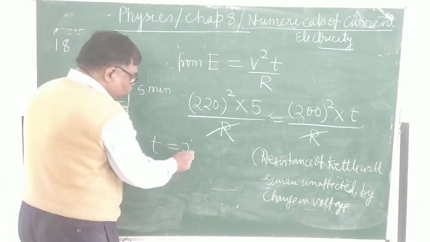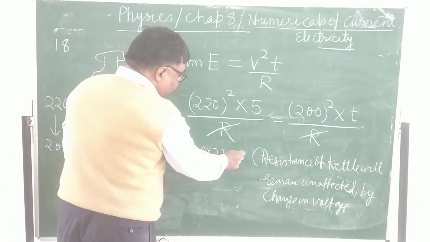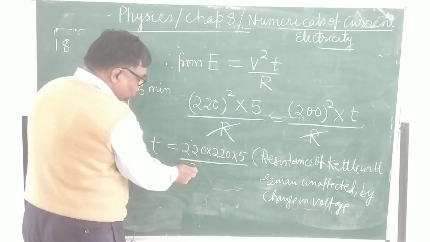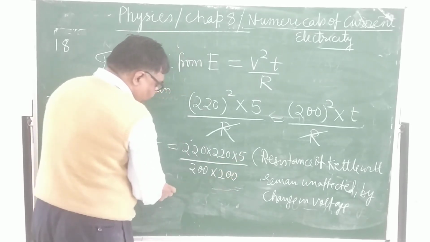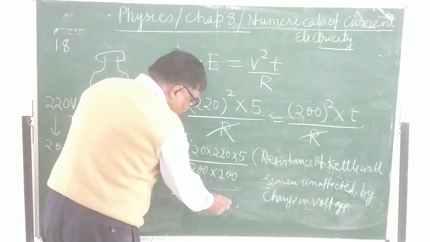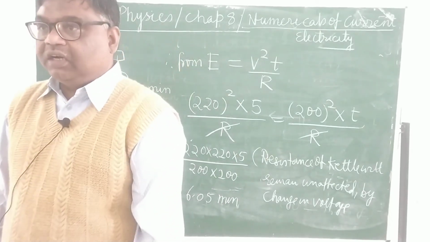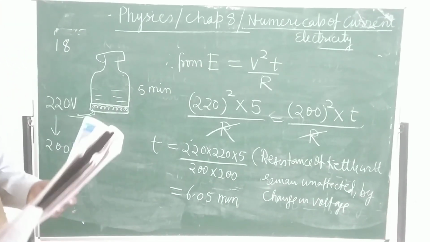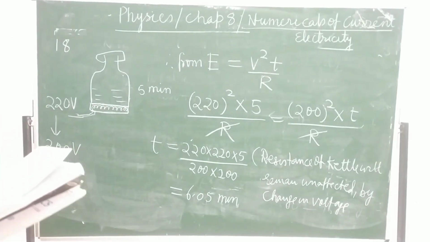It will be 220 into 220 into 5 upon 200 into 200. So it will come out 6.05 minutes. Here there is no need to change time in second. It's clear? Because on both the sides I have taken it same.